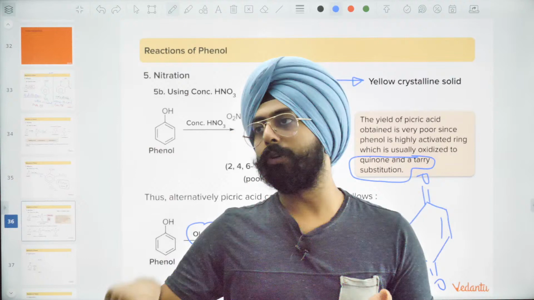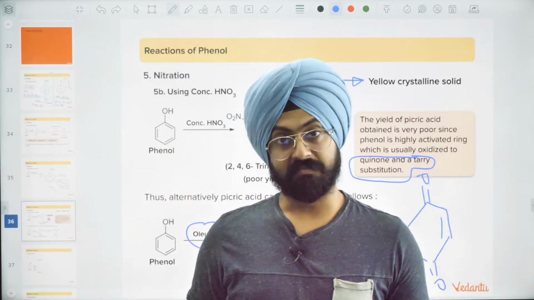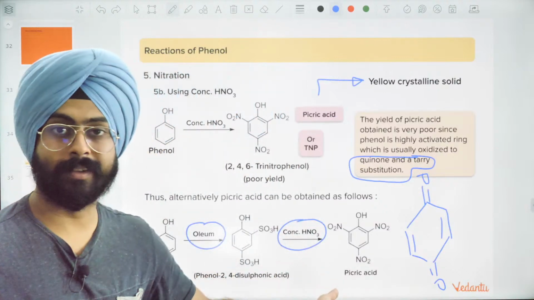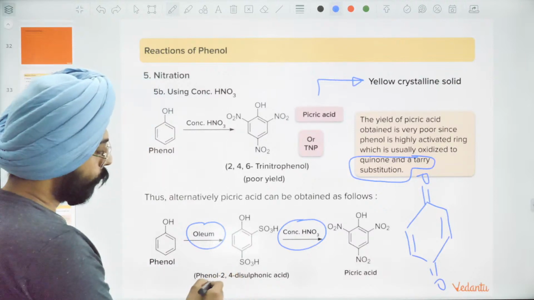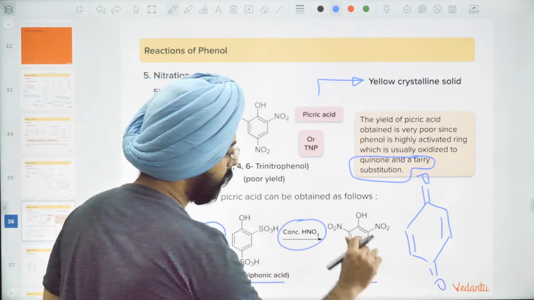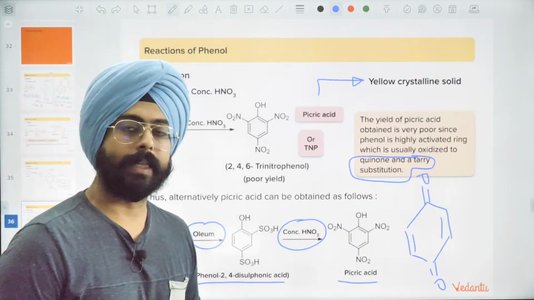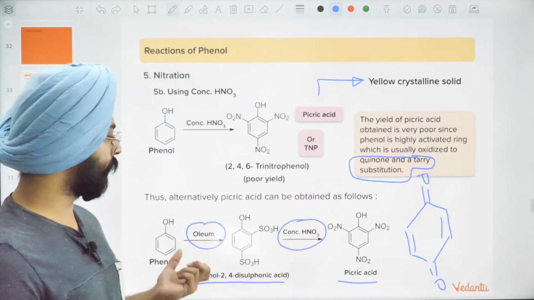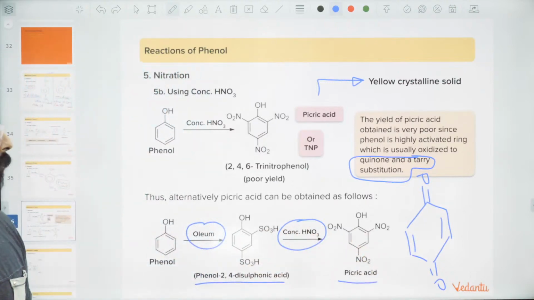Why don't you sulfonate it first and then convert the sulfonates into nitro? Actually works. Okay, so this is something that works very beautifully in the laboratory. You do sulfonation first and then you nitrate it to get picric acid. Okay? So just remember that whenever you are generating picric acid from phenol, you sulfonate it first and then you create the picric acid.